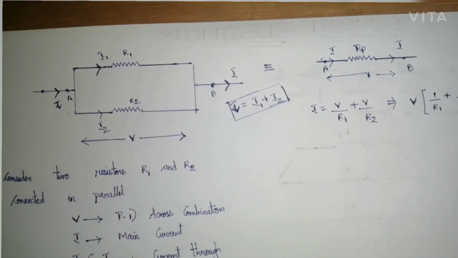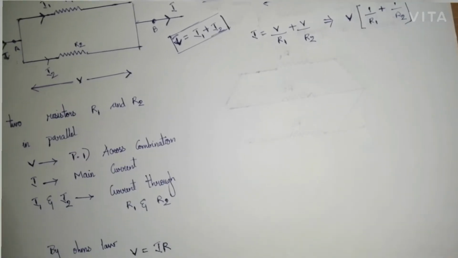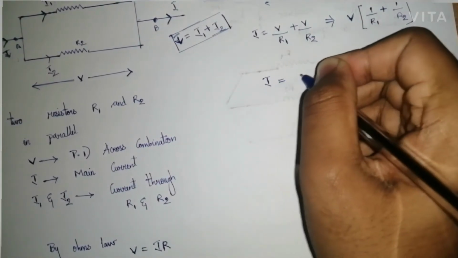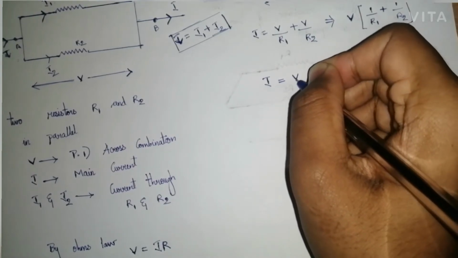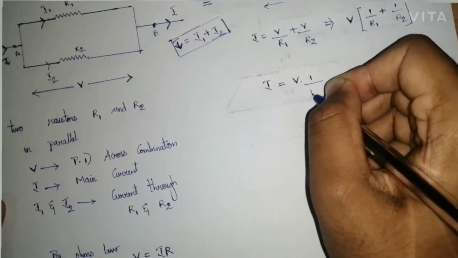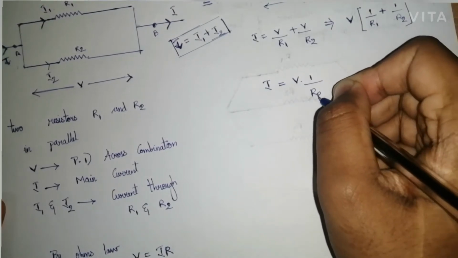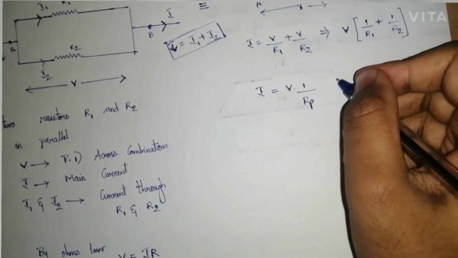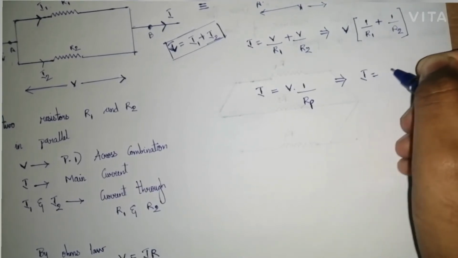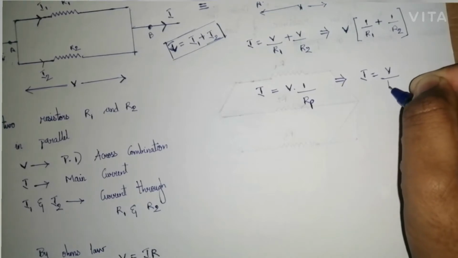So you can write I is equal to V into 1 over RP, which is also as good as writing current I is equal to V by Rp.